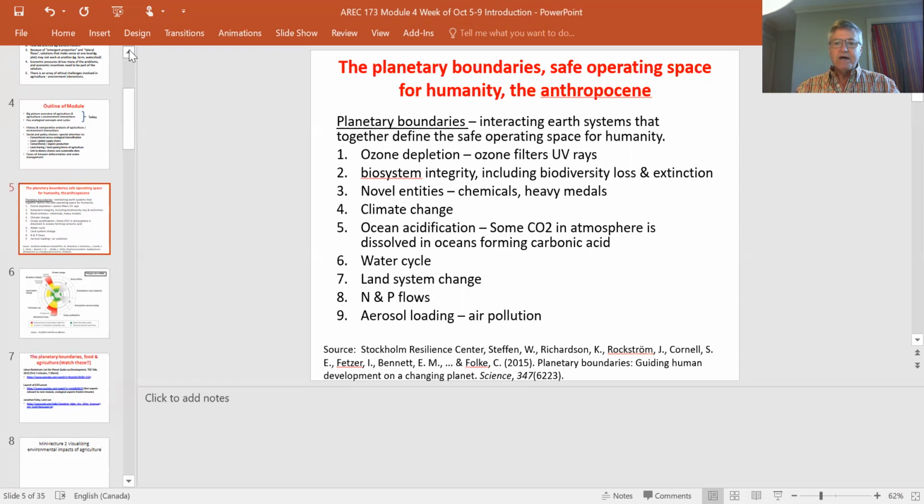Biosphere integrity is about both biodiversity loss and extinction, as well as the functional value of biodiversity to our planet and to the other systems. The third thing is novel entities. These are things which we would not have seen aggregated at the Earth's surface or in our water bodies before.